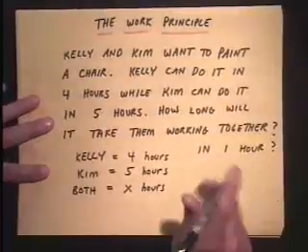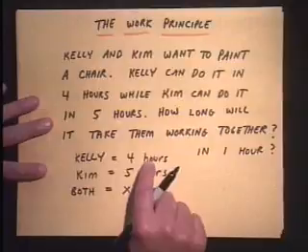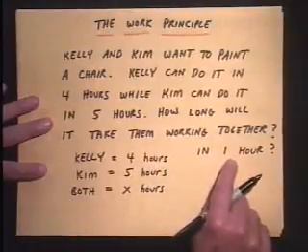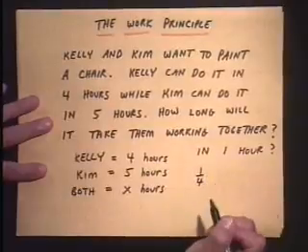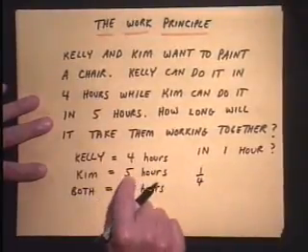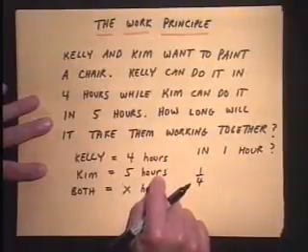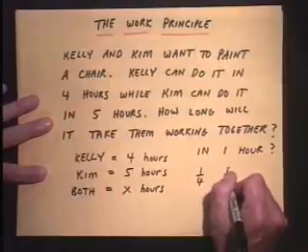If Kelly takes 4 hours by herself to do the whole job, what fractional part of the job could she do in 1 hour? That's 1/4. Kelly could do 1/4 of the job in 1 hour. How about Kim? If Kim takes 5 hours to do the entire job, the fractional part she could do in one hour would be 1/5.